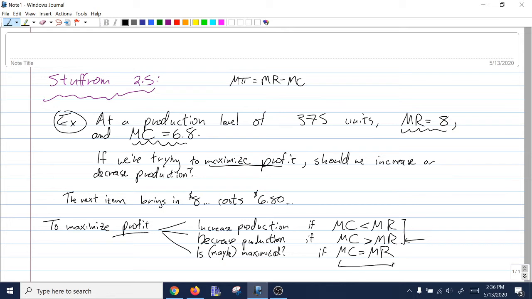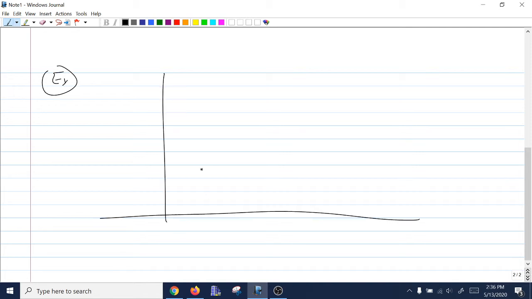And this fact is sort of a cool trick to be able to do with a graph. Here's an example. Suppose I graph our revenue function. Revenue function is often a straight line. And I graph our cost function.